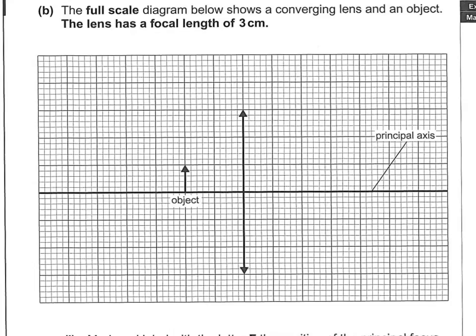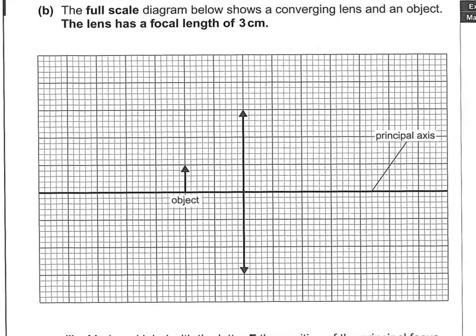Part B here, we're going to have to draw a ray diagram for this object using the rules of drawing ray diagrams. But first off, we're told that the lens has a focal length of 3 centimeters, and this thing is shown full scale.